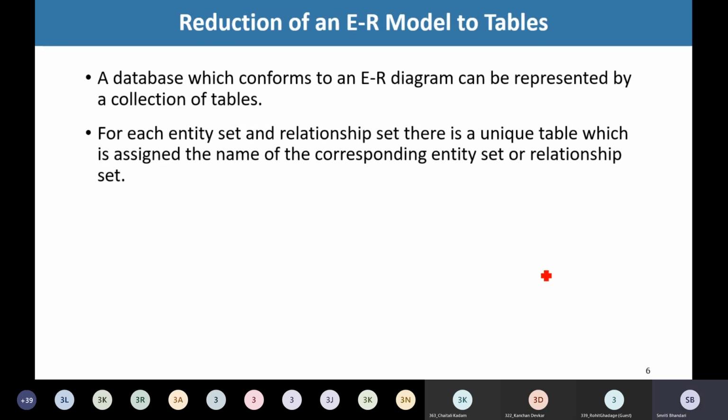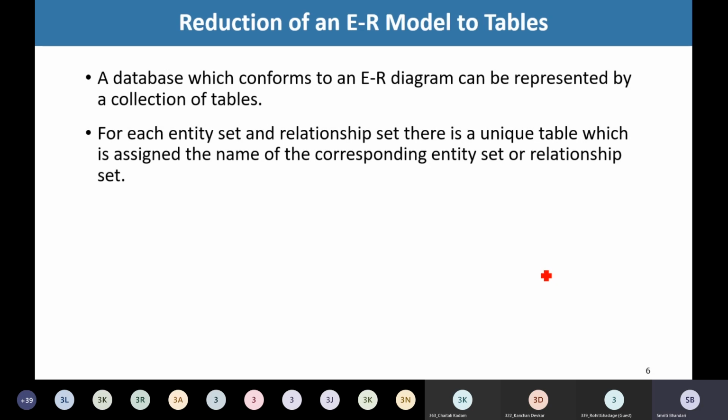Right? Now, for every entity set and for every relationship set in our ER model, we are having associated one table having the same name as that of our entity set or the relationship set, right? So every entity set will have associated one table in my relational model. Every relationship set also will have one associated table in my relational model, right?